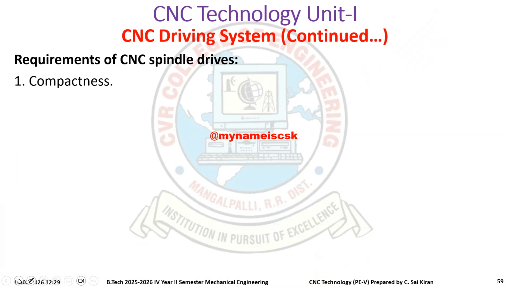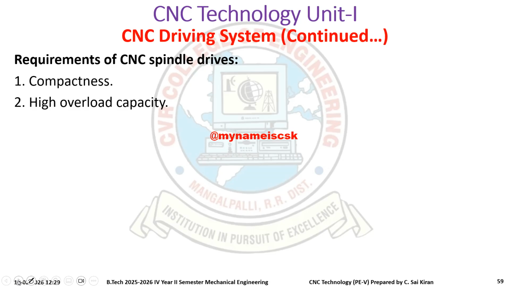Coming to the spindle drive requirements, one is compactness. It should be very small, and the power-to-weight ratio should be high, with high overloading capacity. For example, if it is rated for 50 kgs, it can hold up to 70 or 75 kgs.